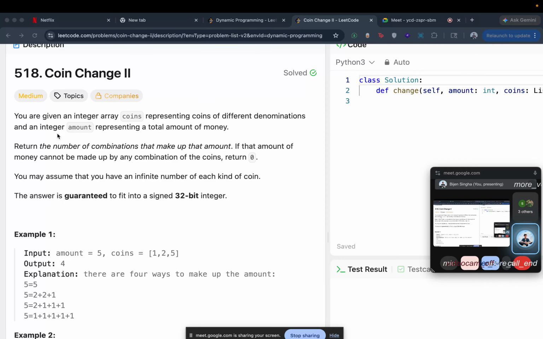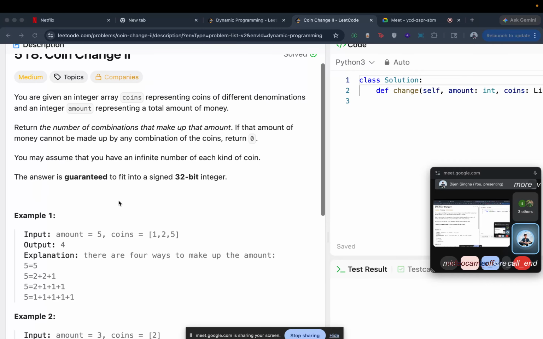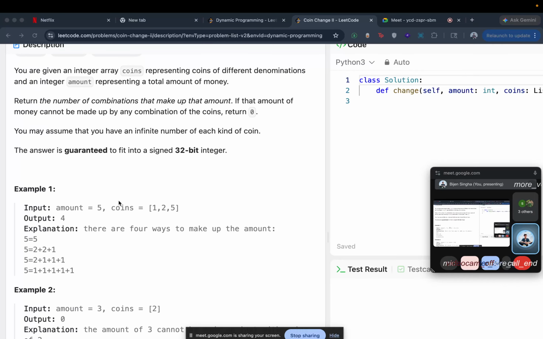Yesterday we solved the coin change problem. Today we'll solve the same coin change problem, but the only difference is the amount is 5 here, and you have unlimited coins. Yesterday, we found the minimum number of coins you have to pick, the minimum change you have to make from the available coins.